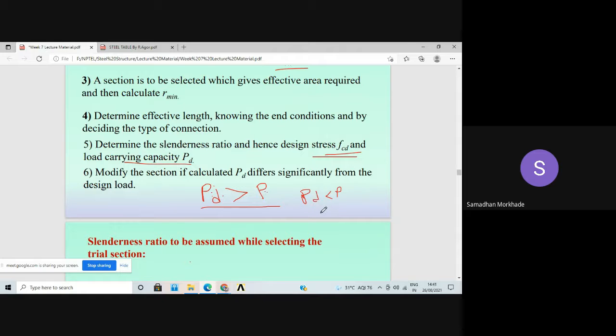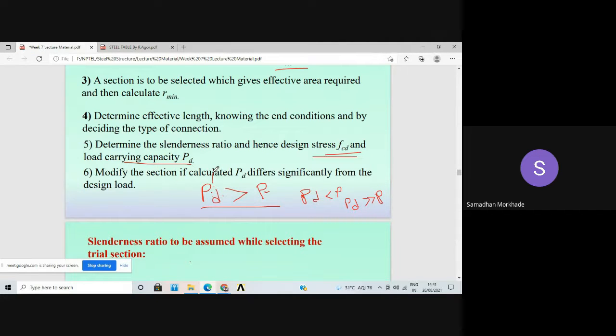On the other hand, if PD is far more than P, for example P is 200 and PD comes out to be more than 300, almost 50% more, in that case our section is not economical.